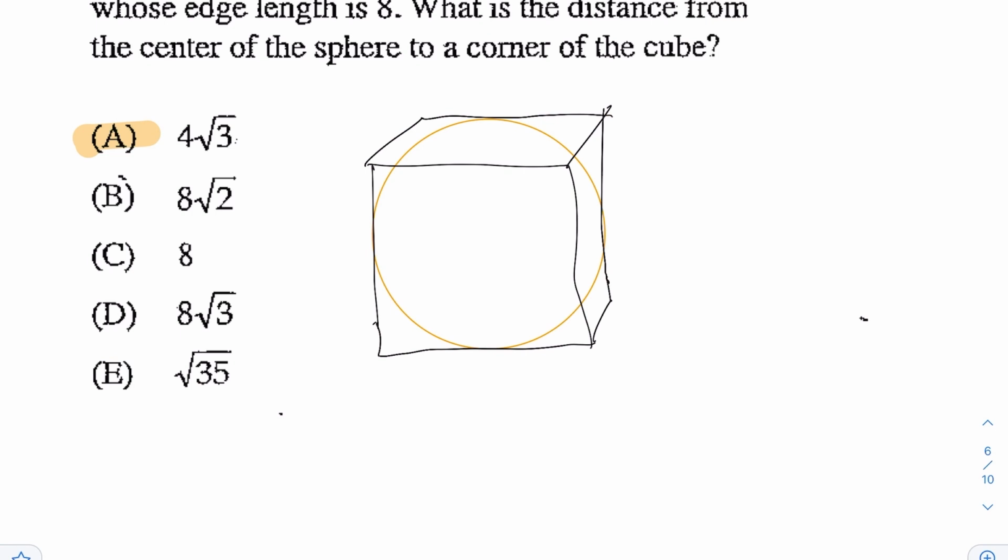All right, there we go. So you have the sphere inside this cube with a radius of 4. So if you measure the other side, the diameter is going to be 8, which is the side of the cube. And I want to figure out the distance from the center of the sphere to the corner of the cube.